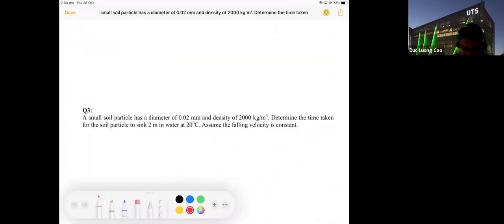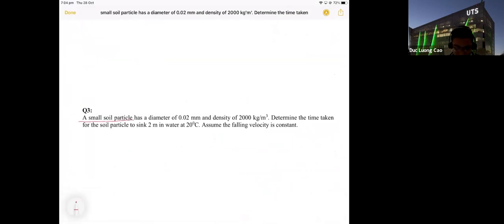You have a small soil particle with a diameter of 0.02 millimeter and a density of 2000 kilogram per meter cubed. Find the time taken for the soil particle to sink 2 meters in water at 20 Celsius. Assume the falling velocity is constant.